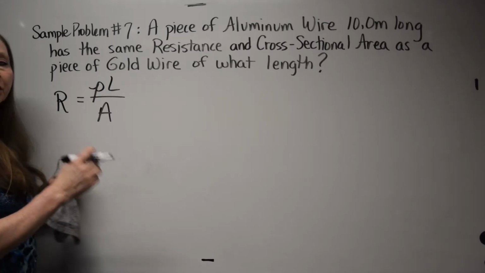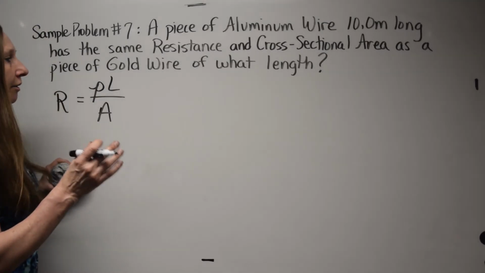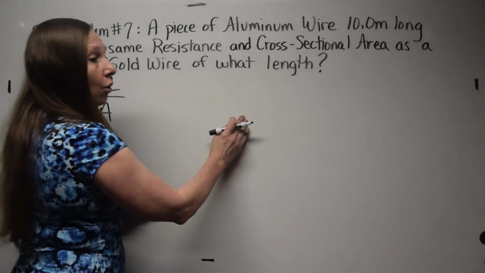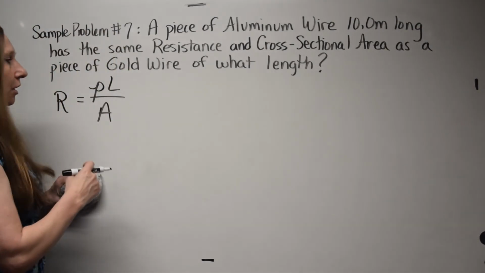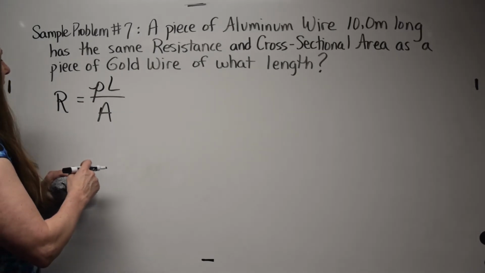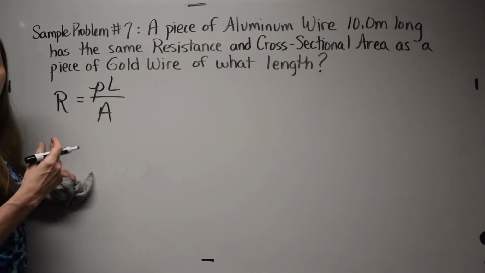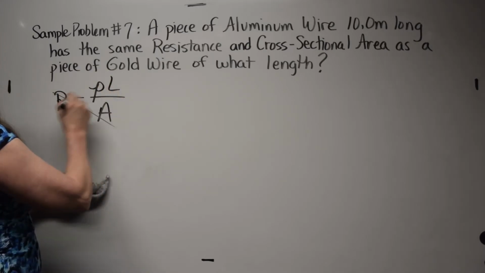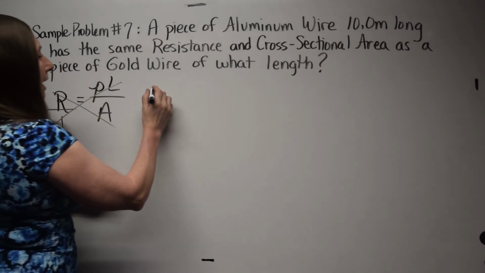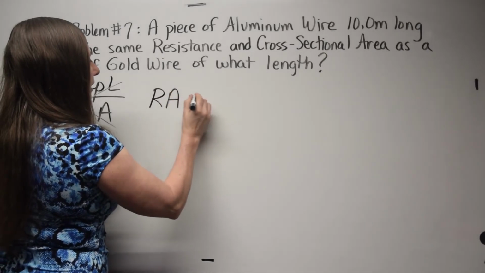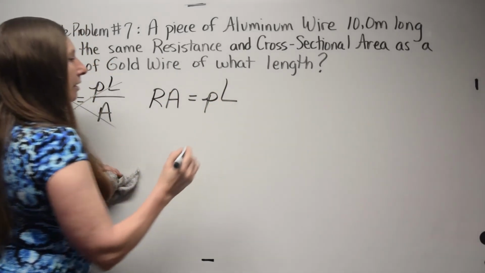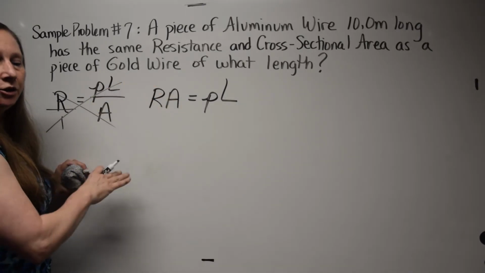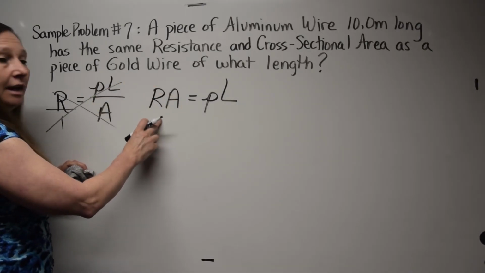So let's go to that step one, where we take all of the things that are the same about the aluminum wire and the gold wire and put them together on the left side. So it's the resistance and the cross-sectional area that are the same. If I cross multiply, with R over 1, I get R times A equals rho L. Everything that's the same about the two situations is together on the left side.